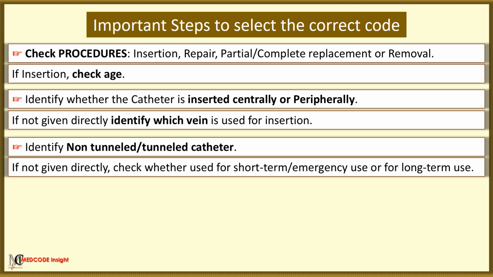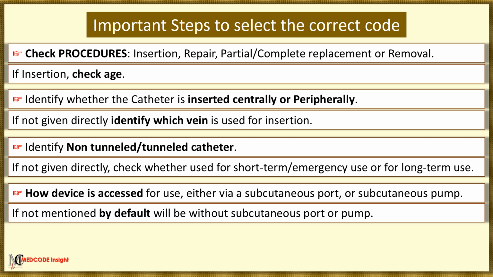Next, check whether the catheter is non-tunneled or tunneled. If not given directly, check whether it is used for short-term or emergency or for the long-term, as non-tunneled catheters are typically used for short-term or emergency, and tunneled catheters are used for long-term access. If this is not directly stated, you can assume the catheter is non-tunneled unless the procedure suggests long-term use.